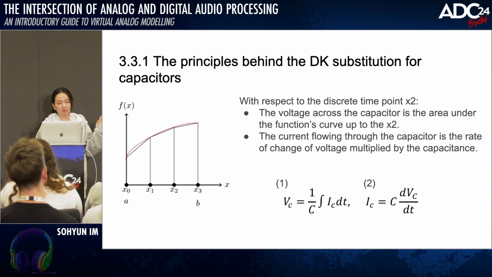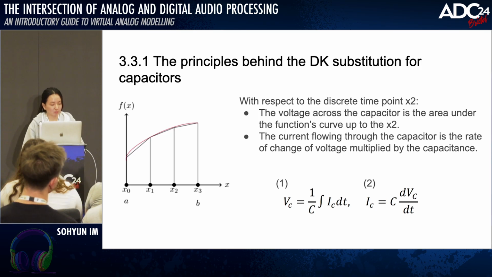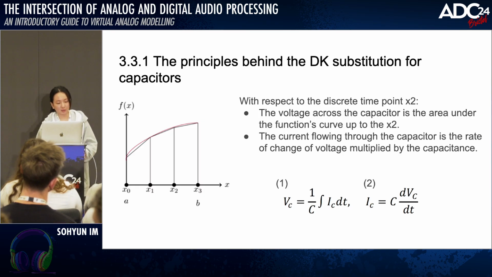Why? Because in the first formula, the voltage across the capacitor uses integration. So the voltage across the capacitor is the area under the function's curve up to x2.